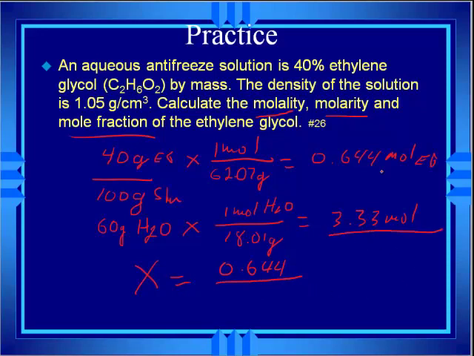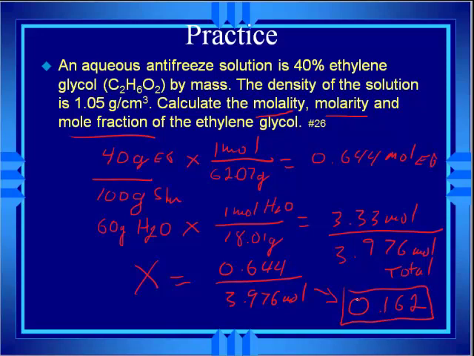When I add those two together, I get a total of 3.976 moles. That gives me a mole fraction of 0.162. Now, like before, that does not have any kind of unit.